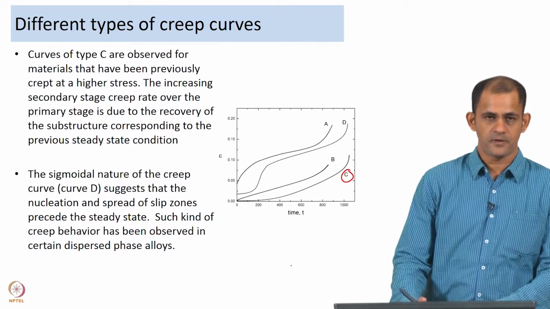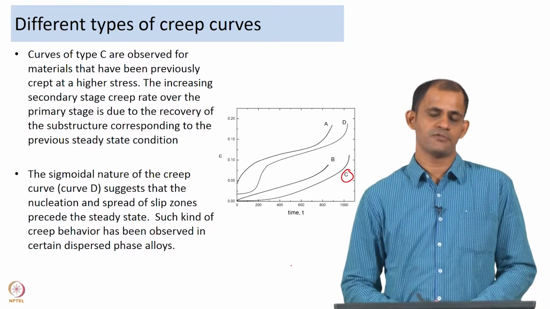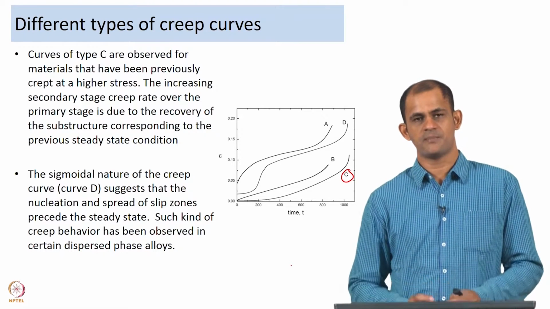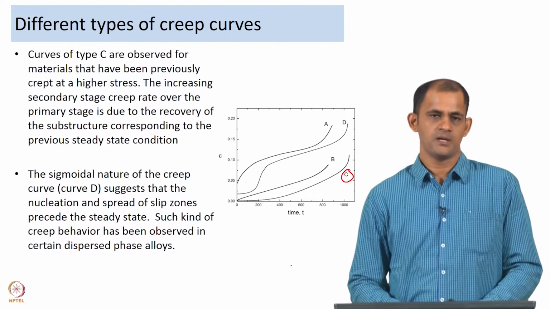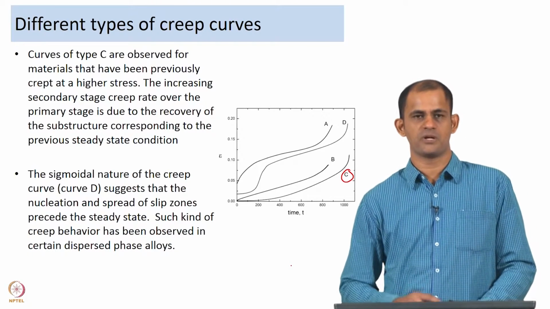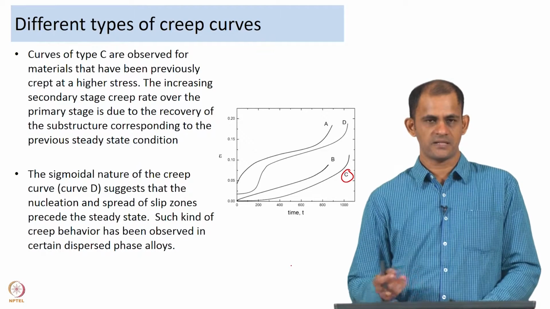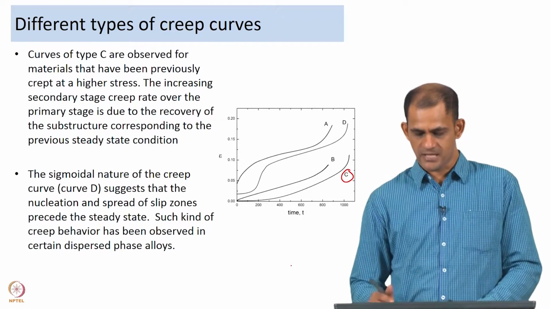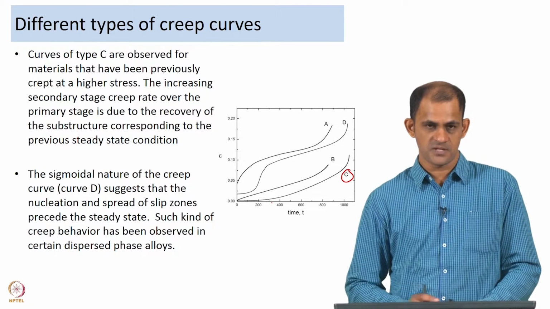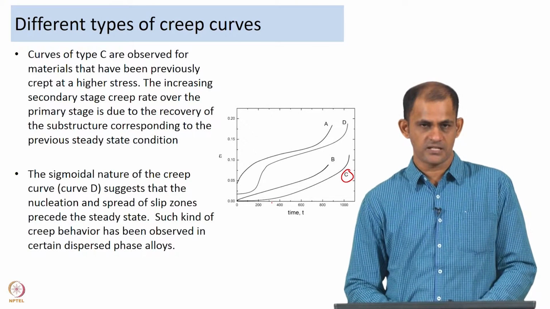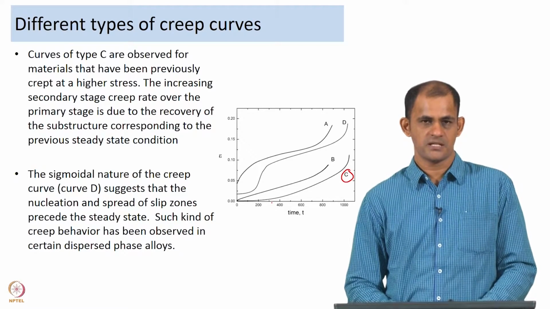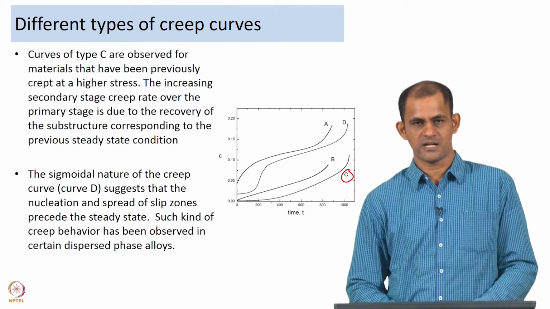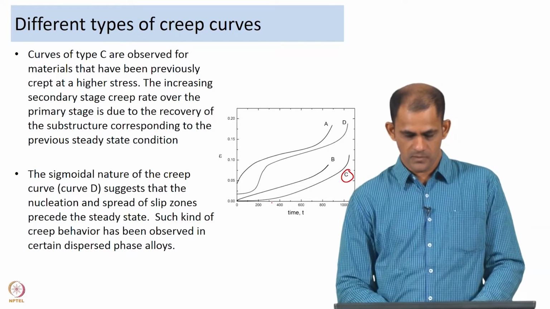So, say the material already has a deformation history, in this case creep at a higher stress, and then the same sample is now crept at a lower stress. Then type C curves will be observed. Here the increasing secondary stage creep rate over the primary stage is due to the recovery of the substructure corresponding to the previous steady state condition.